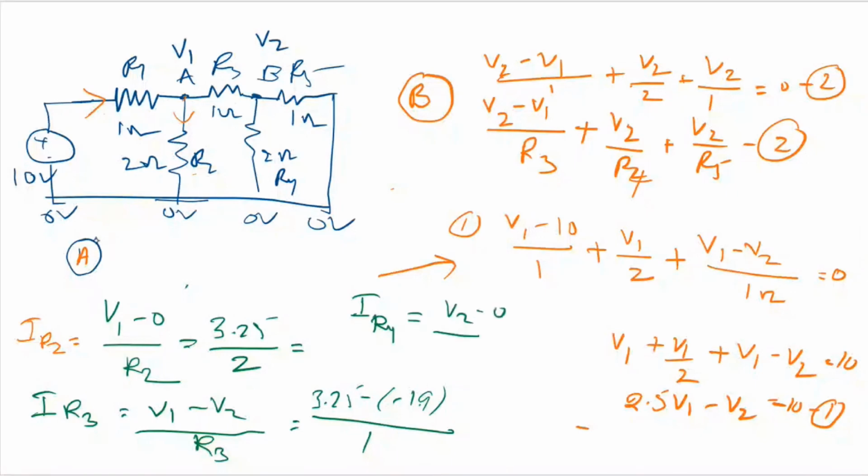Similarly, the current in R5 is equal to V2 minus 0 divided by 1. So you'll get minus 1.9 by 2, and minus 1.9. Tell me the answer.